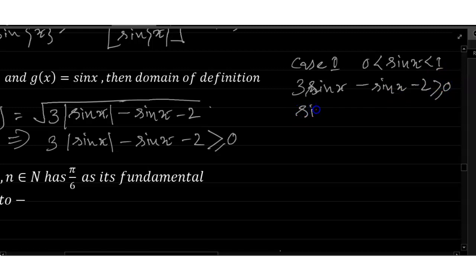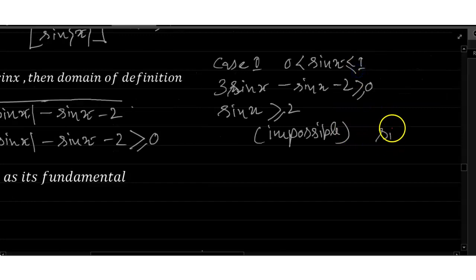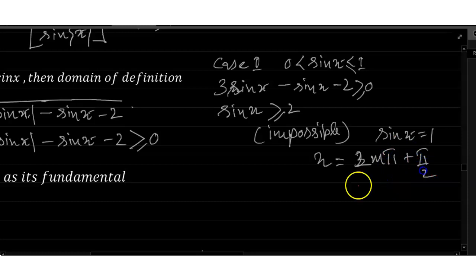So sine x greater than or equal to 2 is impossible. Less than or equal to 1, only sine x equal to 1 is possible. x is equal to 2m pi plus pi by 2, m belongs to capital I.